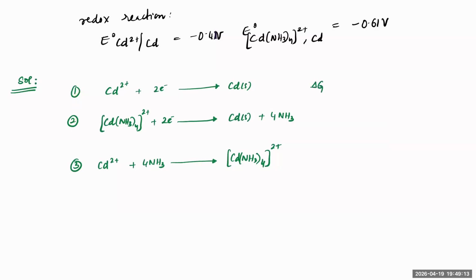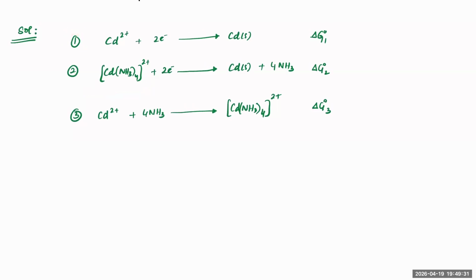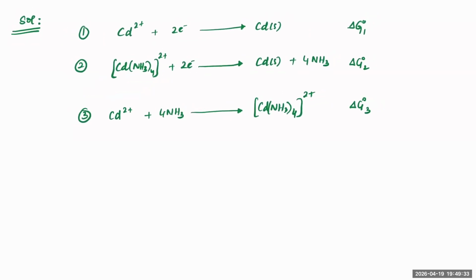So let this be delta G naught 1, delta G naught 2, and delta G naught 3. Okay. So it's clear that delta G naught 3 we can achieve by using 1 and then subtracting 2. So therefore we can write 3 will be 1 minus 2.